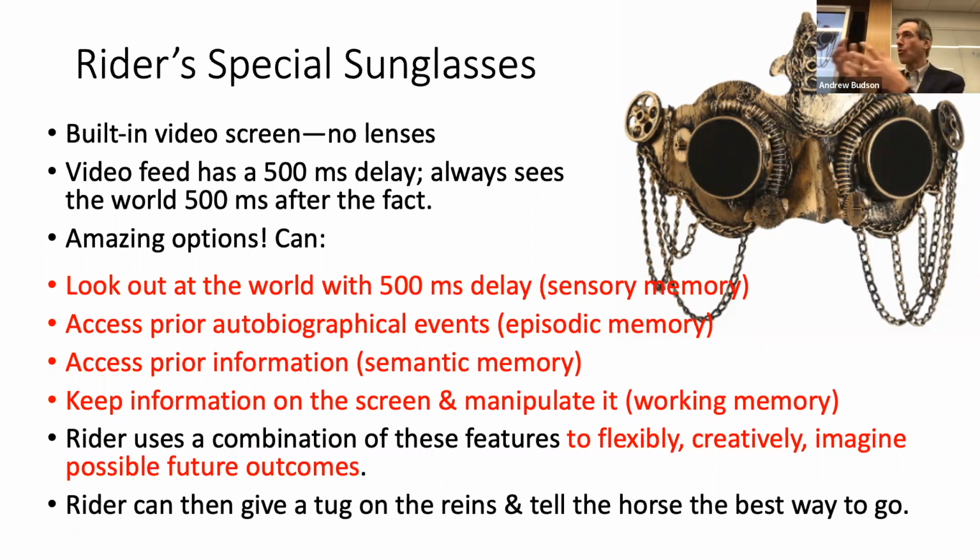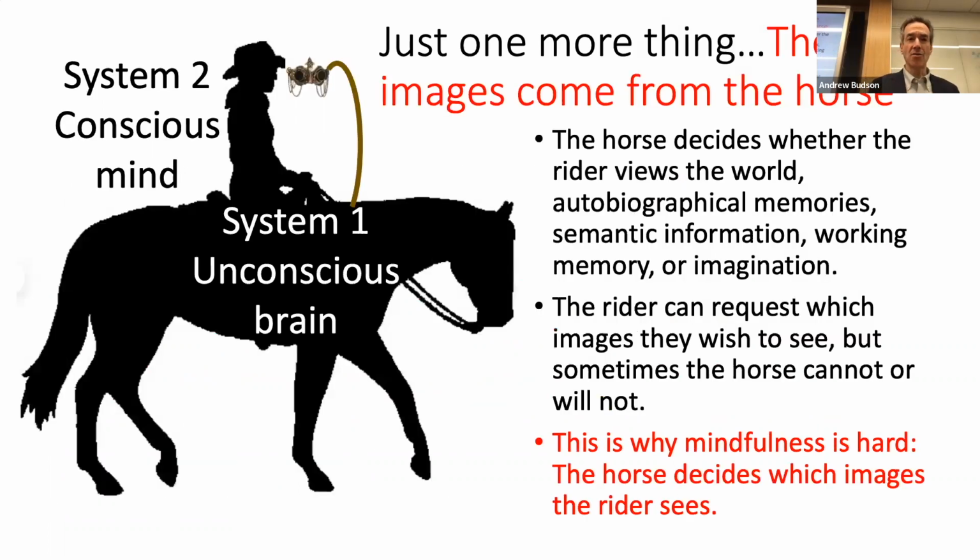They can access prior information from semantic memory, and they can keep information on the screen and manipulate it using working memory to flexibly, creatively imagine different possible future outcomes. So that is why the rider has these powerful abilities and why the rider will sometimes be directing the horse.